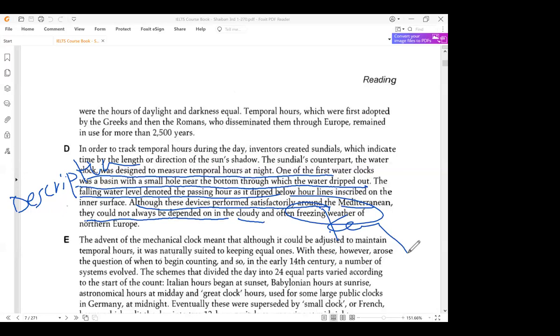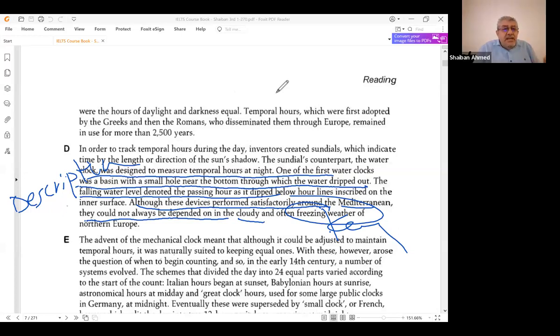It says these clocks work in the Mediterranean, where we don't have freezing weather. But in freezing weather, this water clock doesn't work. If you go to Ireland or Norway or Denmark, they don't work, especially in the winter. The water will freeze. So number one is D.